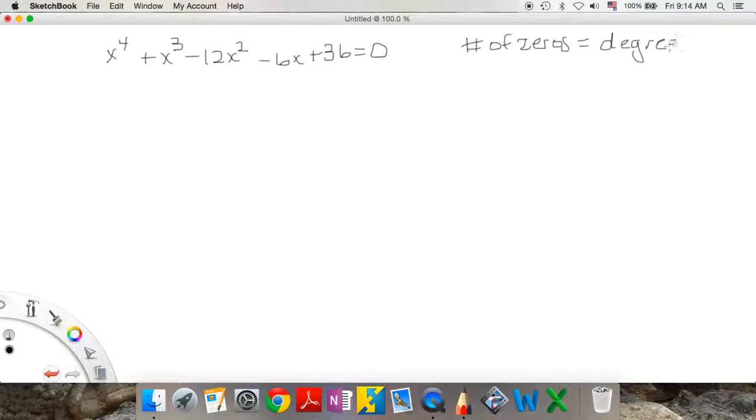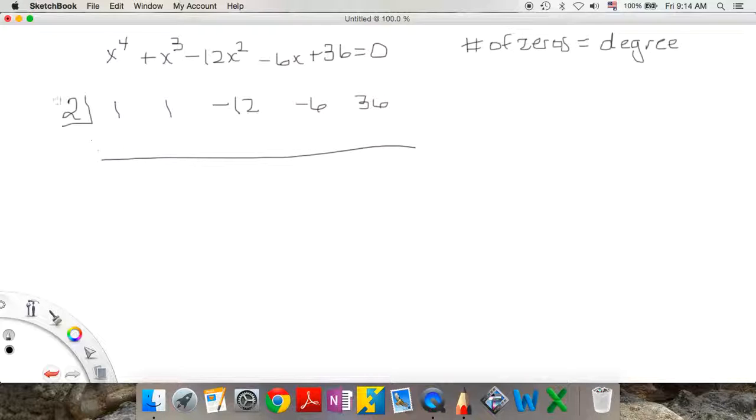So this is going to have 4 zeros. We have to figure out what some of these are. I'm going to go ahead and give you one of them. We'll talk about some ways to find those in the next section. We're going to start with 2 as a 0 because I know it works, and I'll tell you how to find the ones that work tomorrow, in the next section.